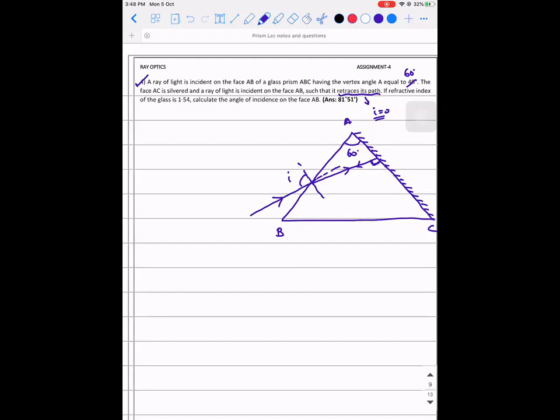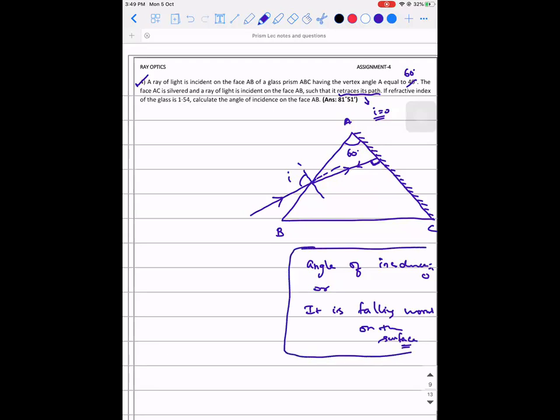You can either say the angle of incidence is 0, or it is falling normal on the surface. Both mean the same. This is a very, very important statement. I've seen many times they've asked problems with this word normal, or mostly they will say it is incident normal to the surface. At that time you should take the angle of incidence as 0.